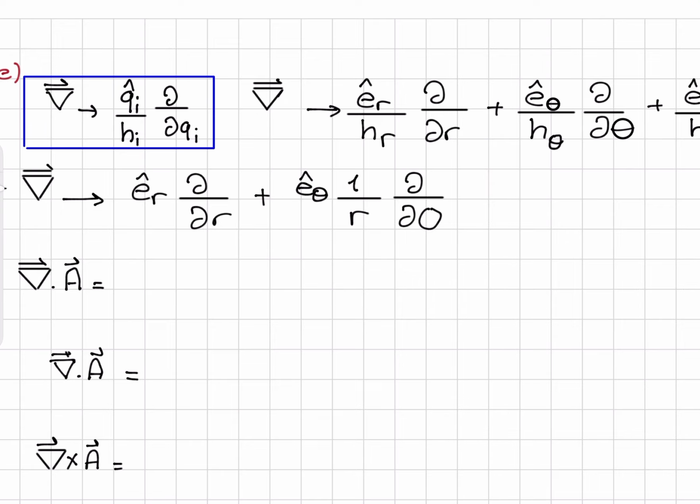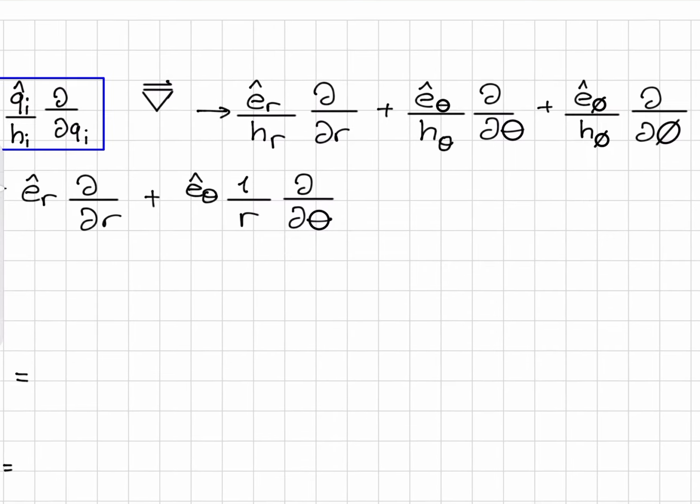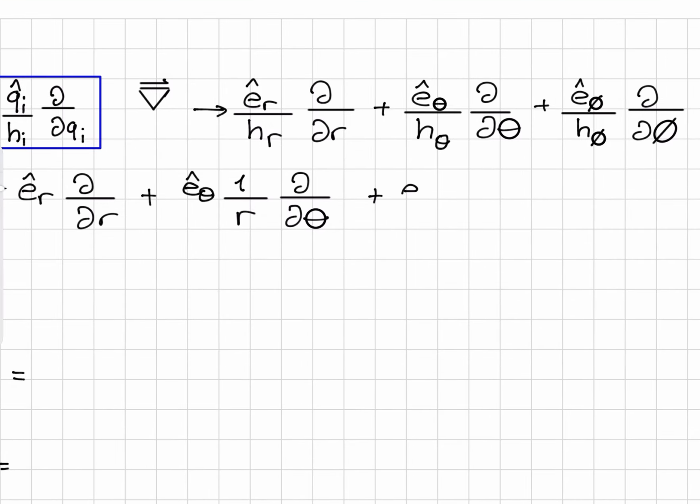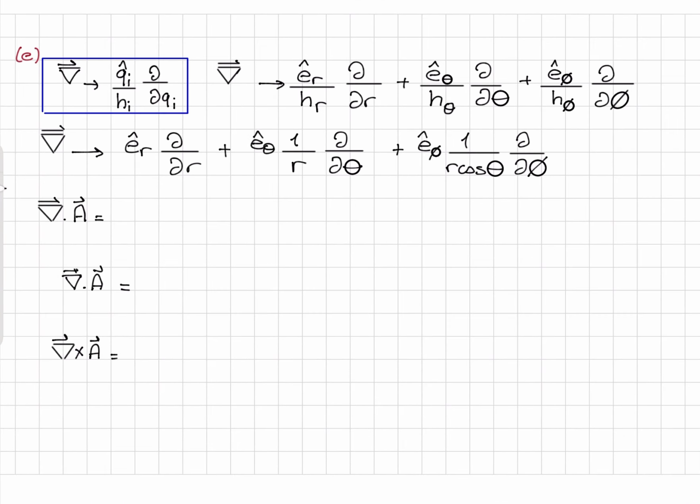And the scale factor we obtained for phi was r cosine theta, so we have plus e phi hat 1 over r cosine theta del del phi. This is our gradient operator.